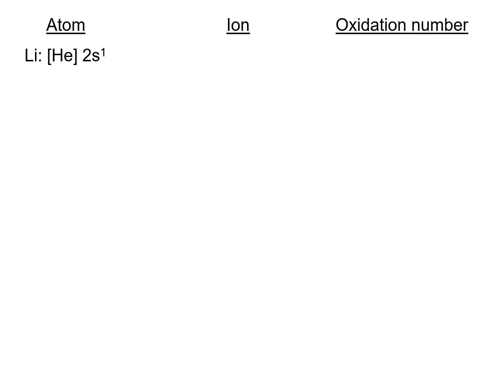So here we have lithium. Lithium has a helium core, ends in 2s1. So if we get rid of that one electron, we will have an ion that has a noble gas electron configuration, isoelectronic with helium. Now the thing about electrons, because they have that negative charge, it has the opposite effect. They're kind of backwards.